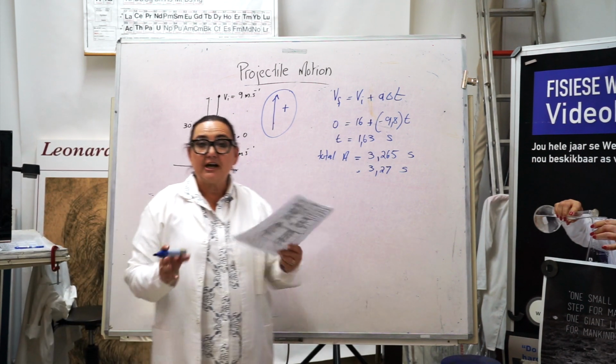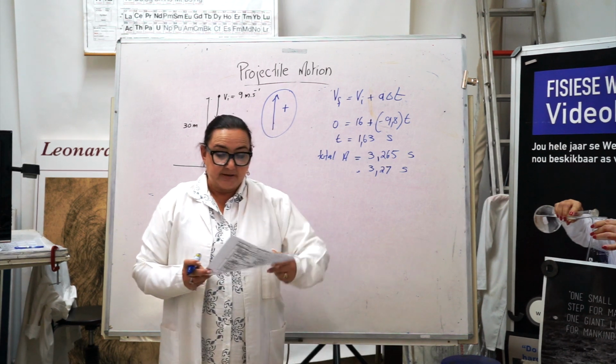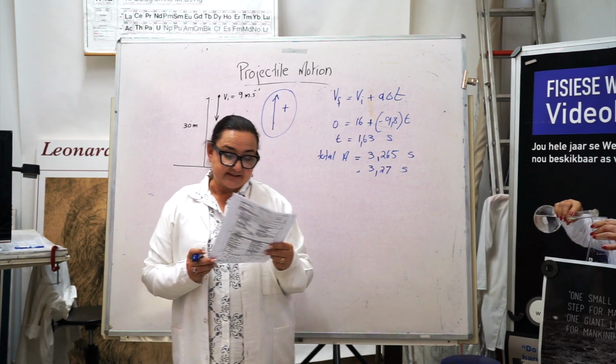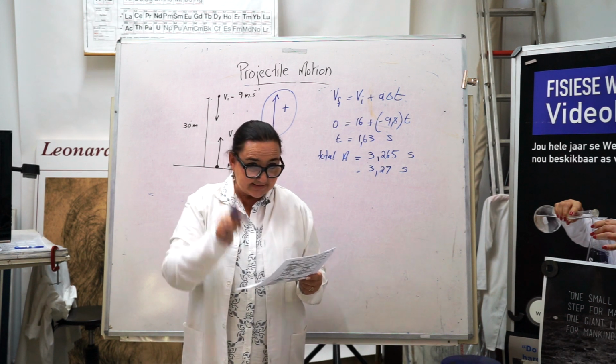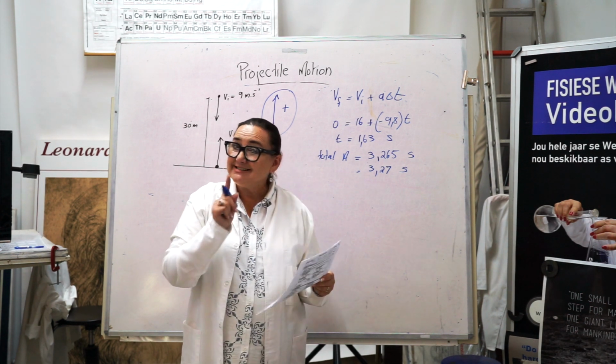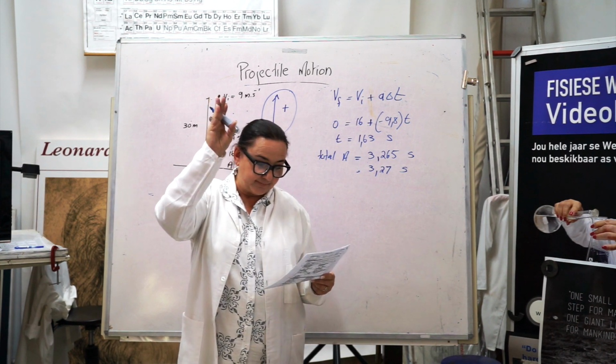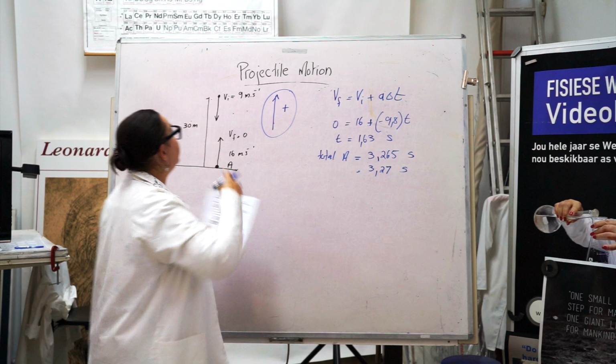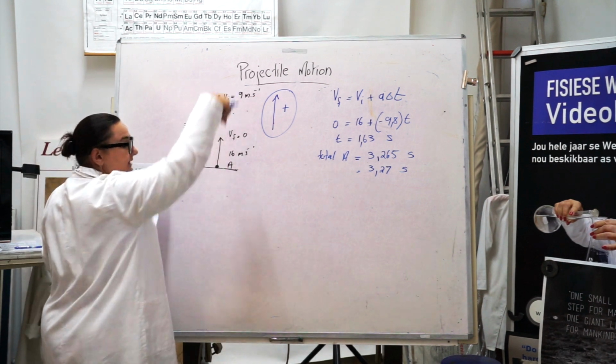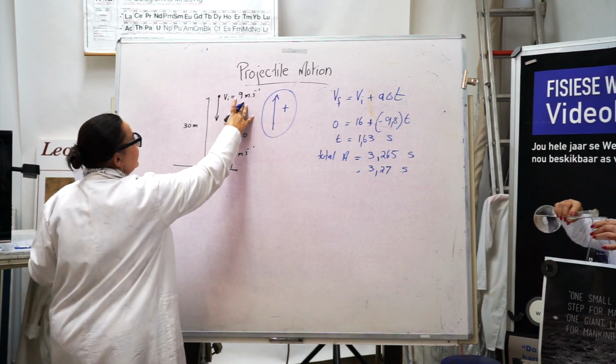And we're now going to look at the second part of the question. The second part of the question states that 1 second after A was projected, a second ball B gets projected downwards at 9 meters per second.